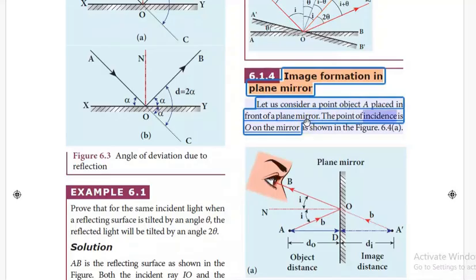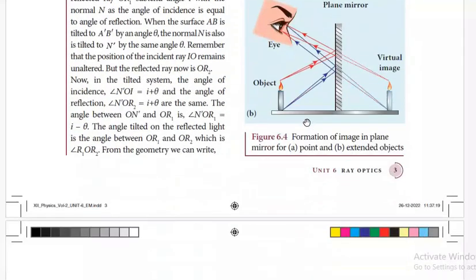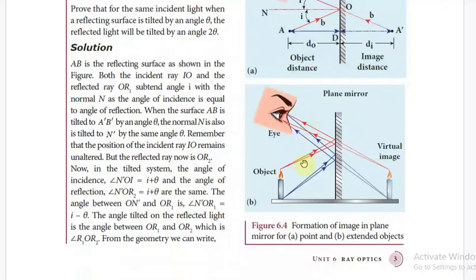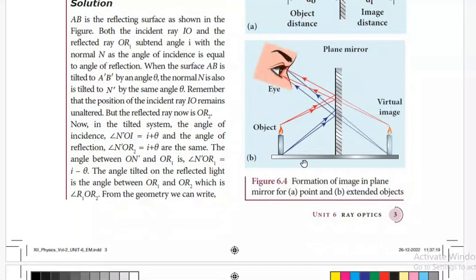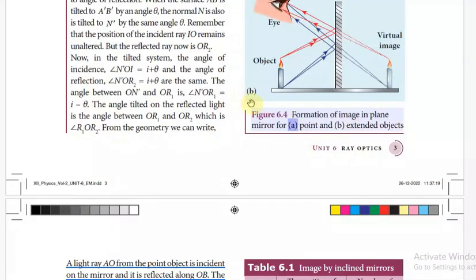The point of incidence is on the mirror as shown in the figure. Figure 6.4 Formation of image in plane mirror for a. point and b. extended objects.